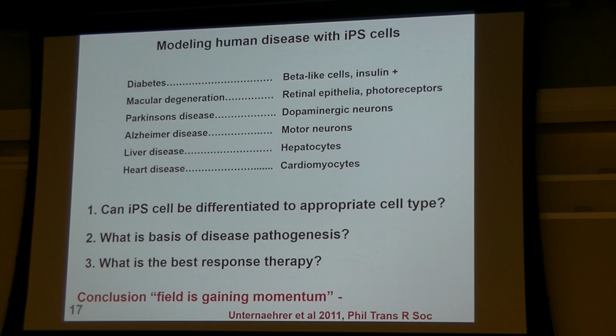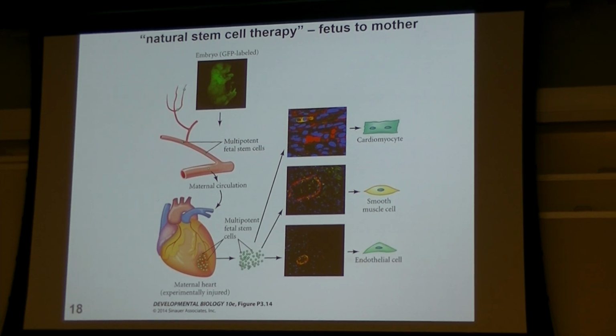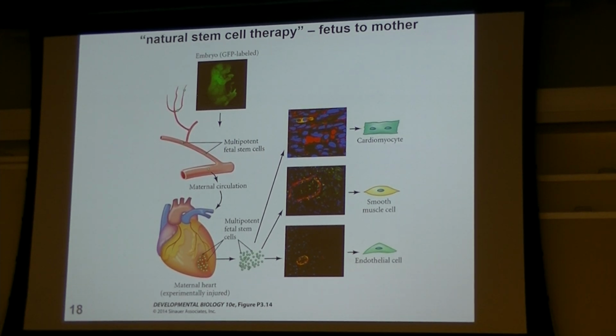So it may seem like kind of a science fiction sort of thing, but the more people study this, they start to find out some quirky things that happen in nature anyway. And this is one of the things that your book points out here, that in those humans that have been pregnant, there are some cases where it seems that cells from the fetus actually leave the fetus and can go to other regions within the mother and take up residence there.